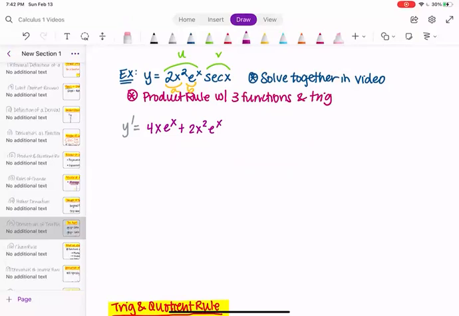And then this whole quantity is times secant x, because remember it's the derivative of u times v, and then we're going to do plus the derivative of v, which is secant x tangent x, times u left alone, 2x squared e to the x.